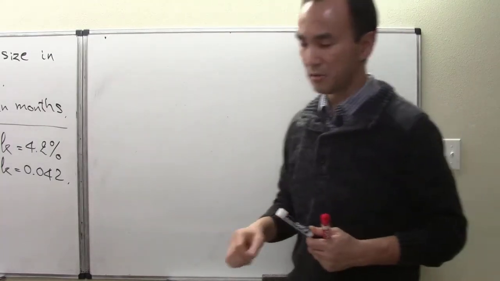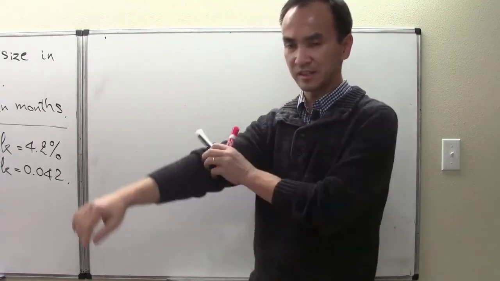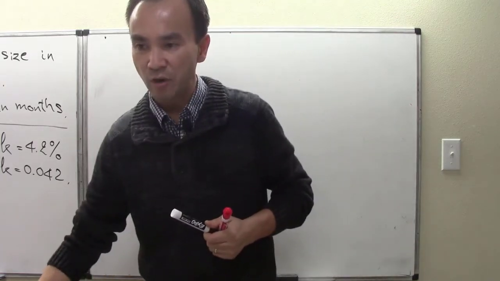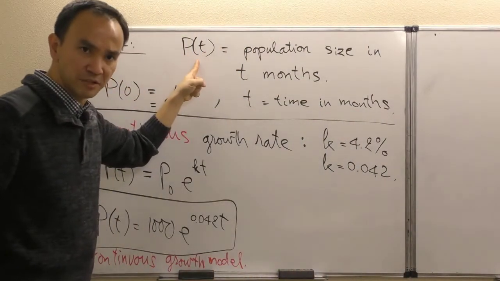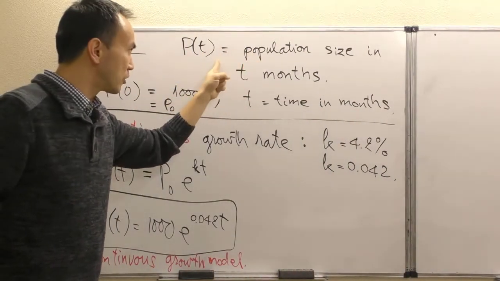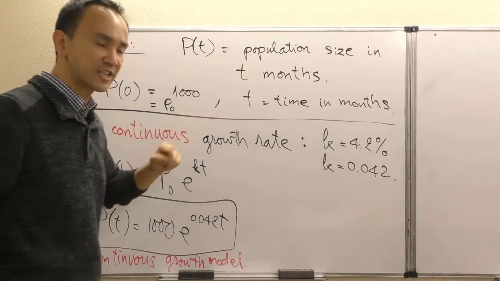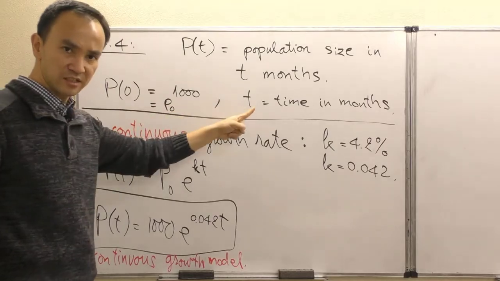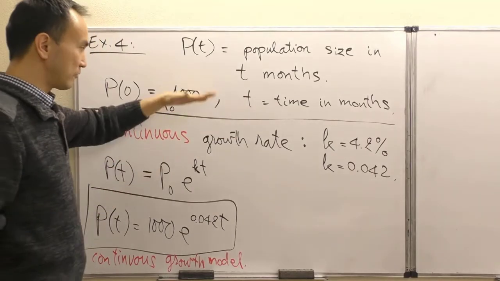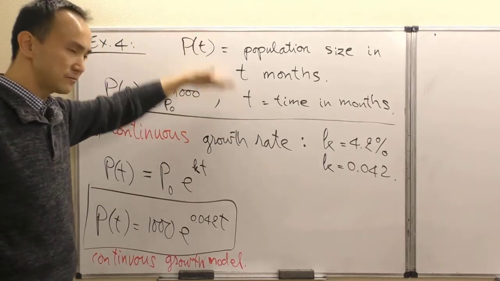We can still use some information from the beginning part. We can still call p of t a function that models our population size in some t months. We still have the same initial amount, and t is the time in months. So we can retain all of that information above this line.